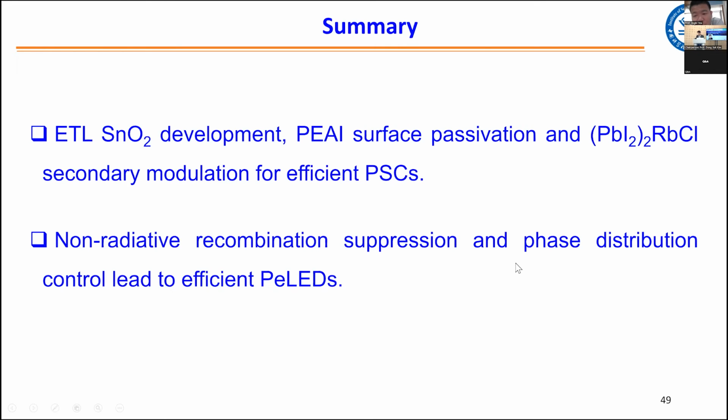And we also studied how we can control the phase distributions to optimize them, to make sure the charge injection is efficient, and also that the charge confinement in the quasi-two-dimensional perovskite is sufficient to make efficient perovskite light emitters.